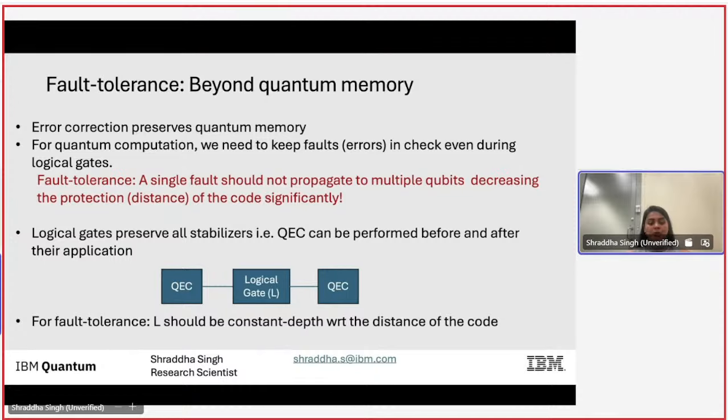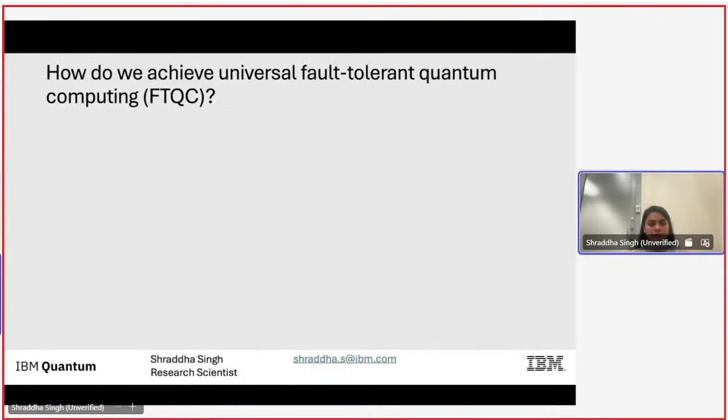That means the depth of the logical gate L should not rely on the distance of the code, such that it increases the number of errors on the circuit as you increase the distance d of the code in the same code block. All right. So basically, you don't want to increase the probability of errors with increase in the distance of the code.